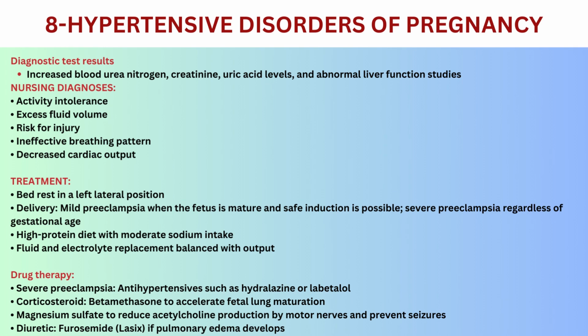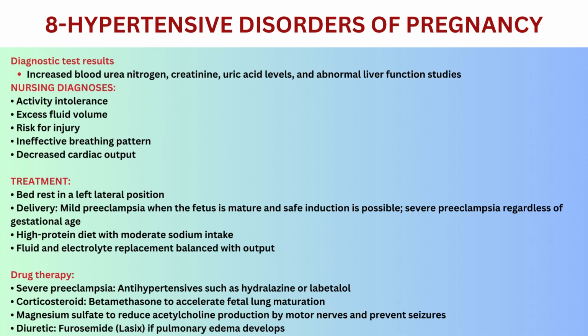The treatments include bed rest in a left lateral position; delivery: for mild preeclampsia when the fetus is mature and safe induction is possible, for severe preeclampsia regardless of gestational age; high protein diet with moderate sodium intake; fluid and electrolyte replacement balanced with output.